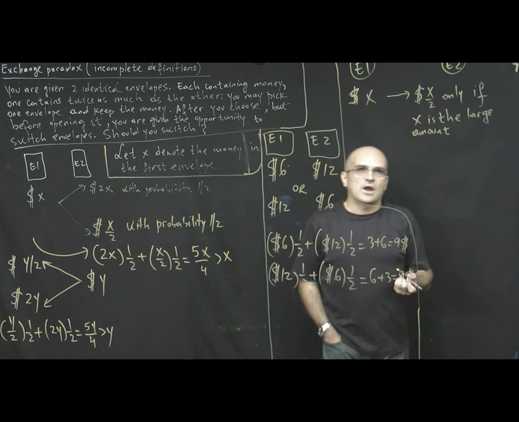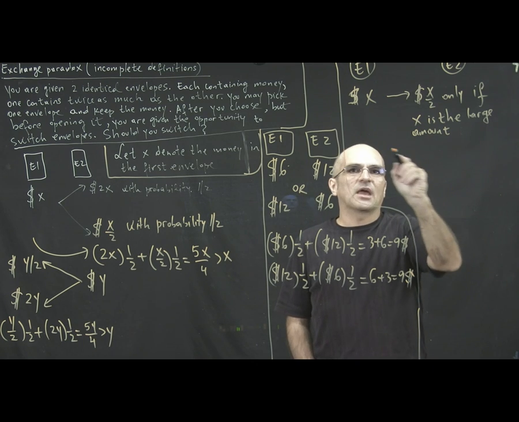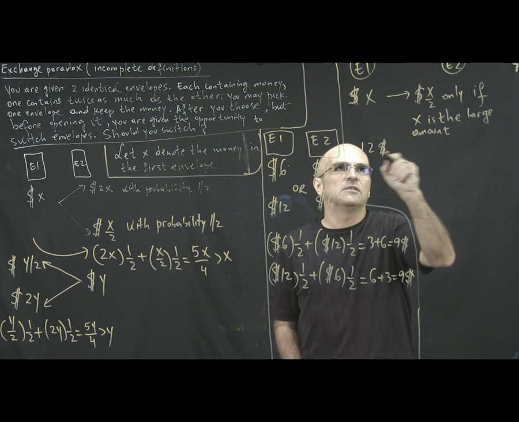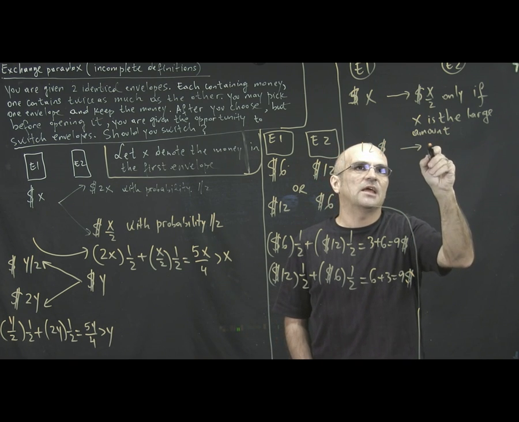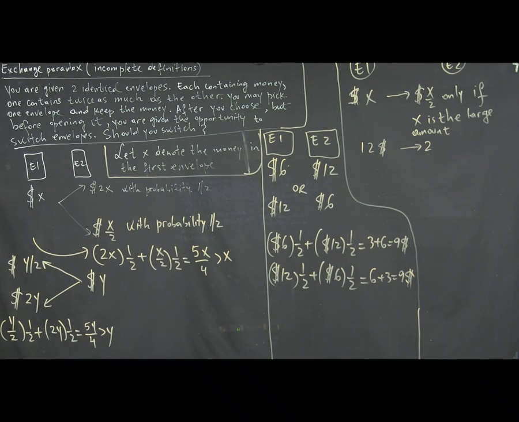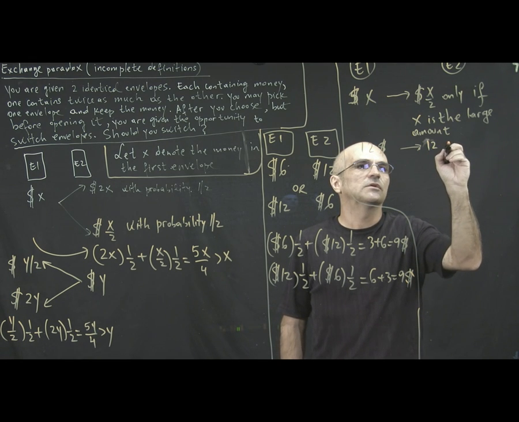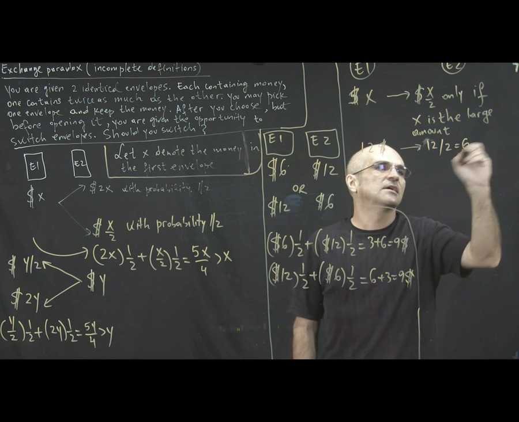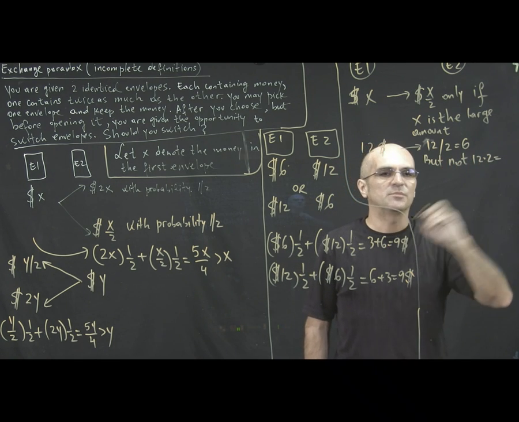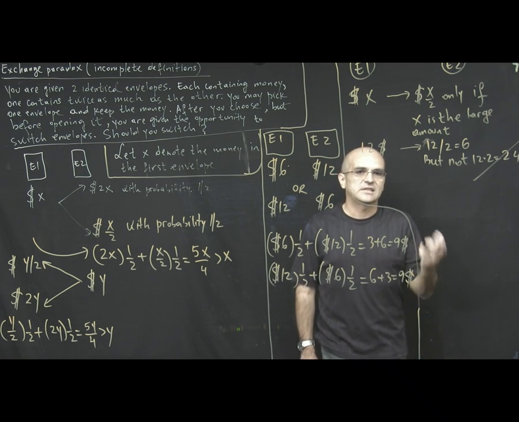I hope that makes sense. So for example, if you have $12 in the first envelope, the only possibility is that the second envelope contains $12 divided by 2, which is 6, but not $12 times 2, which would be 24. That is not possible, and that is where the error lies.